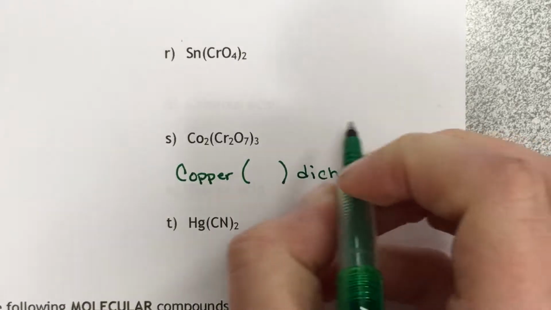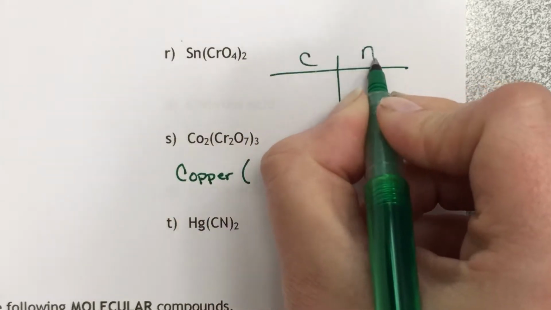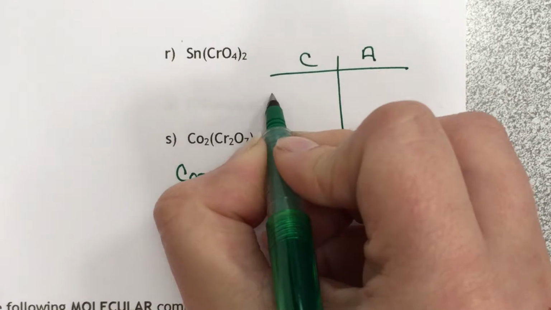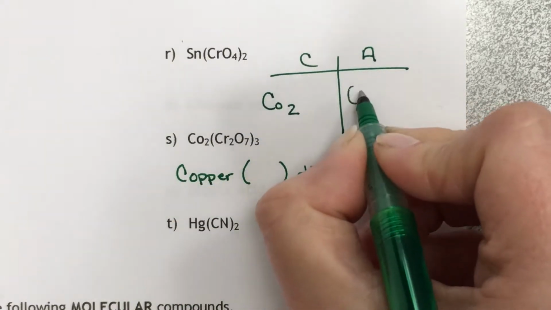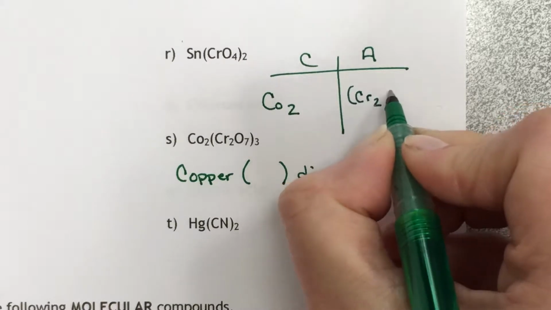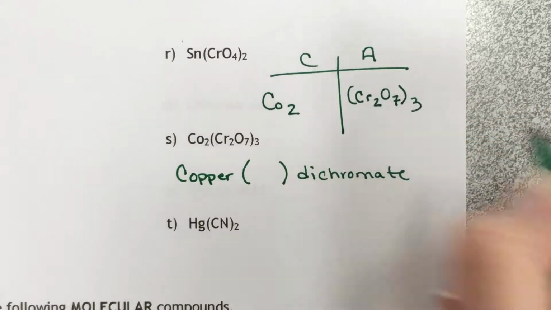Okay, and so now we're going to do our whole little cation, anion thing. So copper over here, we have 2 of them. Dichromate, Cr2O7, we have 3 of them.